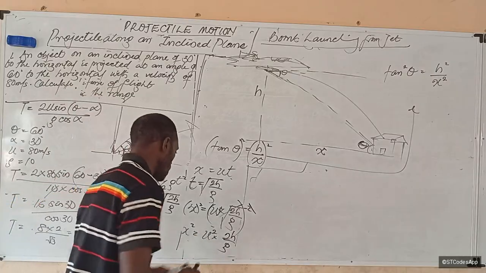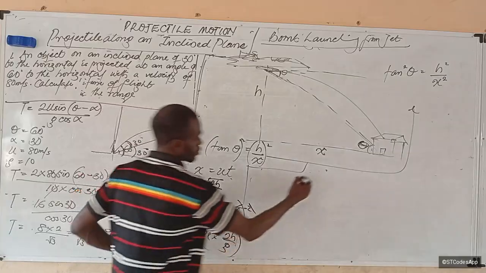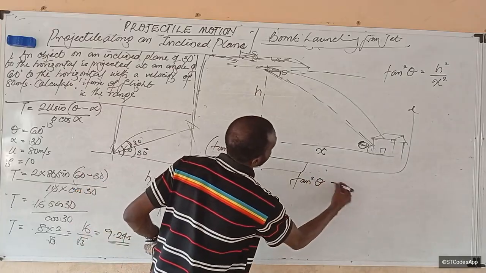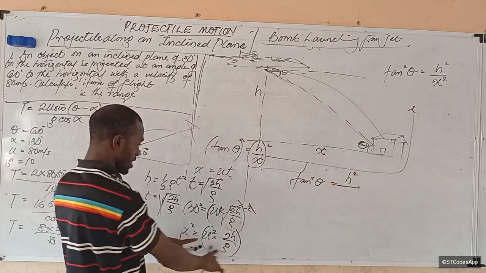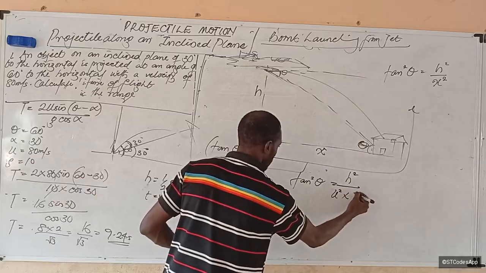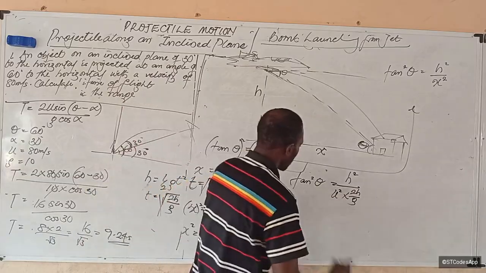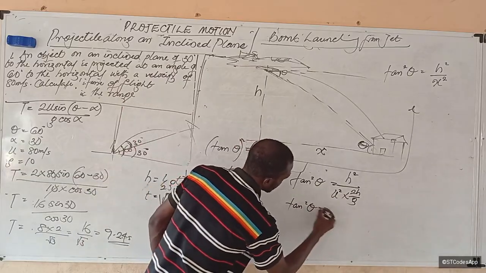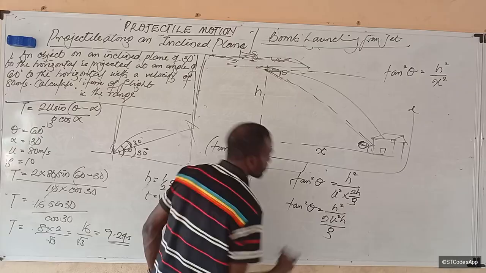So we have this as our h squared, that as our x squared, so that tan squared theta becomes h squared over x squared, which is now u squared times 2h over g. So tan squared theta becomes h squared over 2u squared h over g.